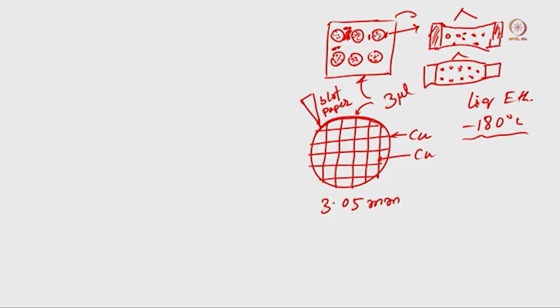This is the basic principle of cryo-electron microscopy, where we use this kind of grid with a liquid sample and then quickly freeze it in liquid ethane. Why we use liquid ethane, I will come back to later.